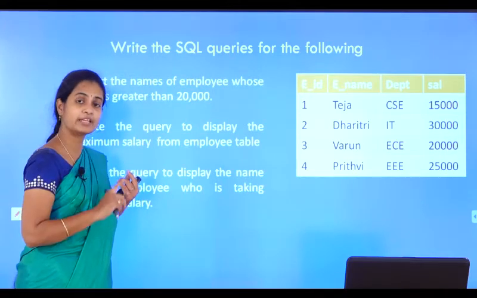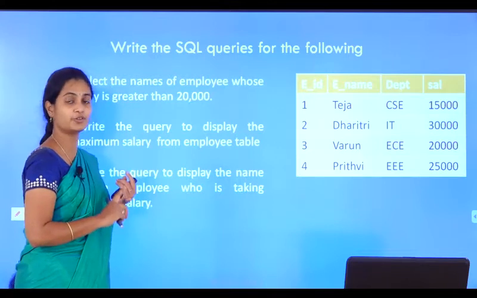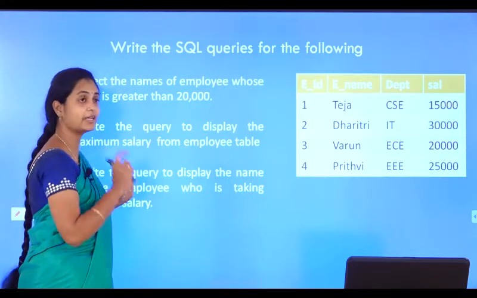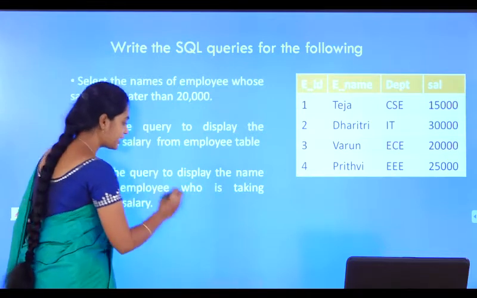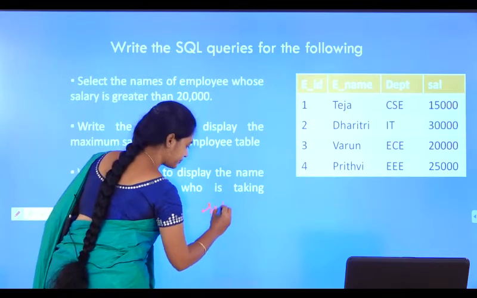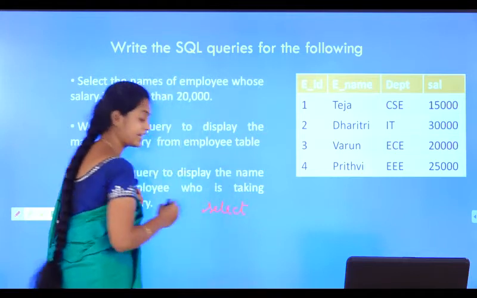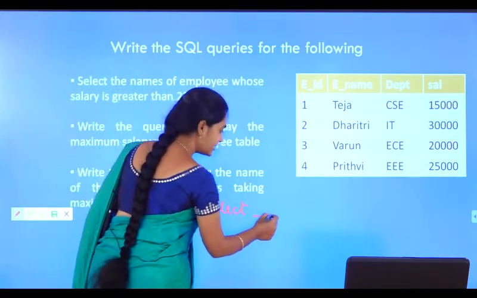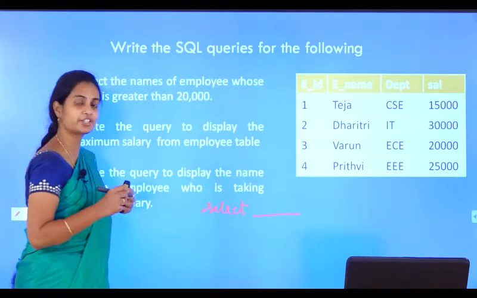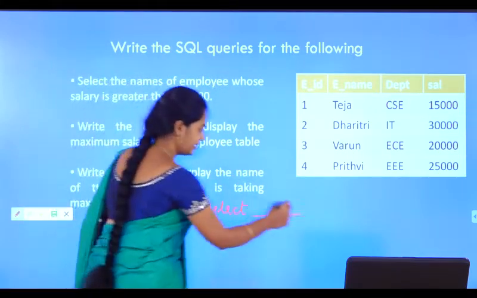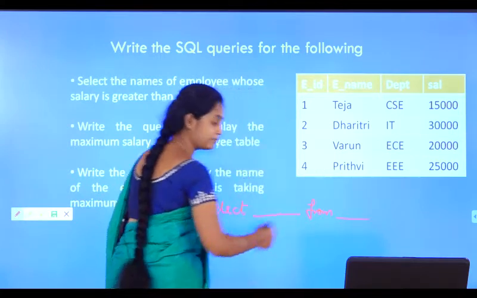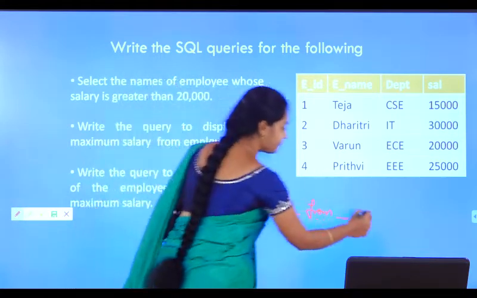So, in the previous sessions we have already seen how to write the queries. What happens when we are writing the select query? Whatever we are selecting, those attributes should be mentioned here. Then you need to mention the table name after from, and then the where clause.